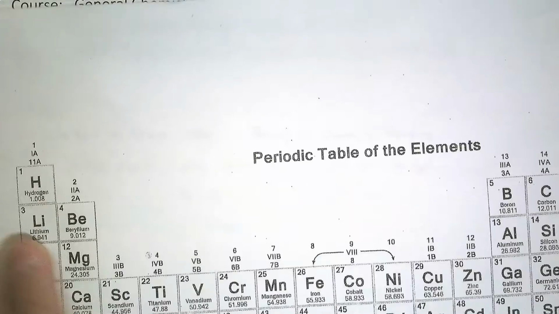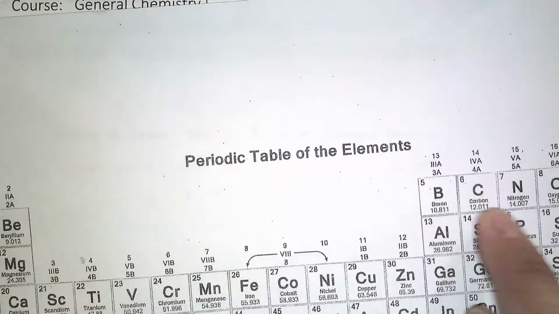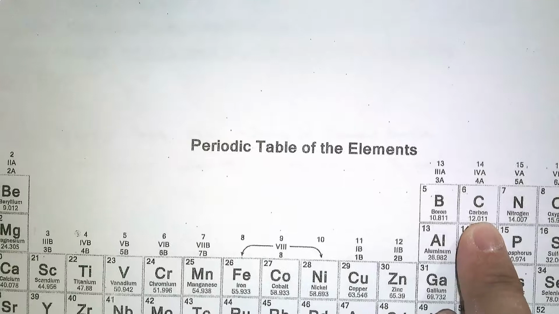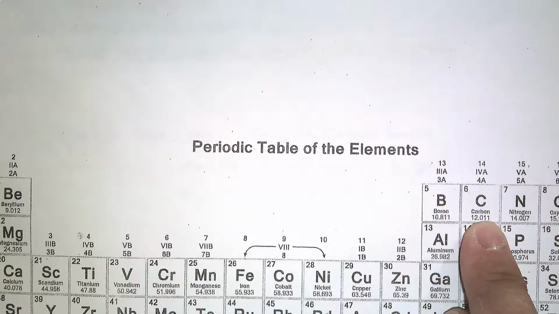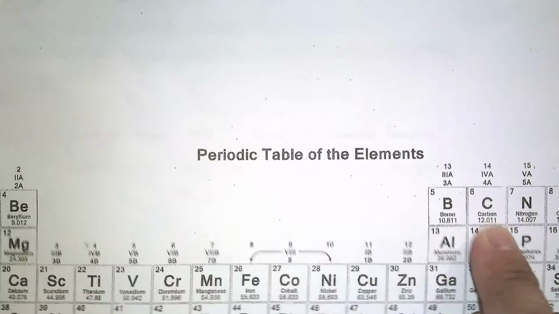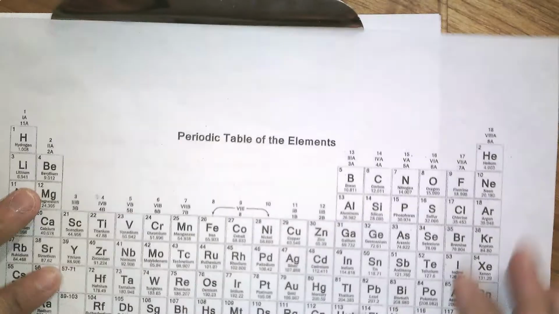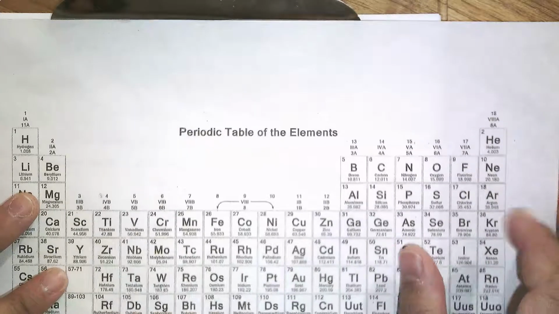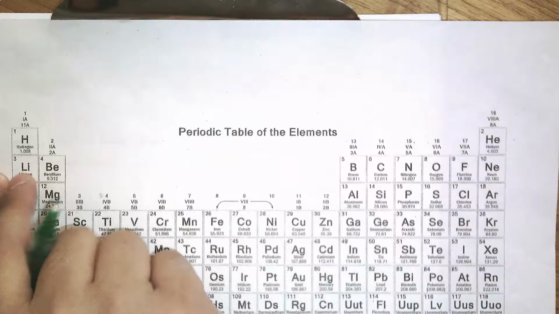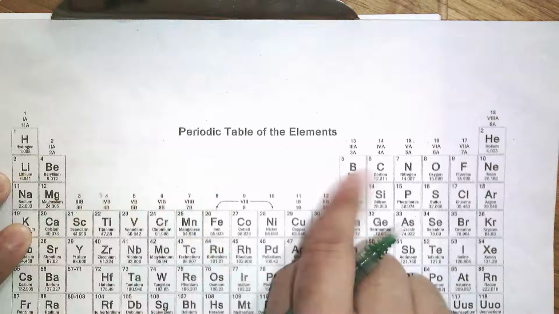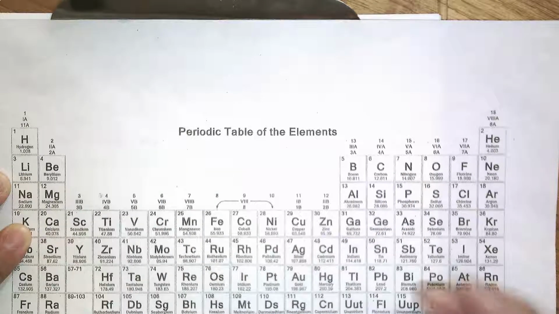But when you get to the period 2 elements, for instance, carbon, there are 2 types of orbitals, the 2s and the 2p, but there are 3 2p orbitals. Hence, if you look at period 2, it needs 8 electrons, 1, 2, 3, 4, 5, 6, 7, 8, to have a filled valence shell.